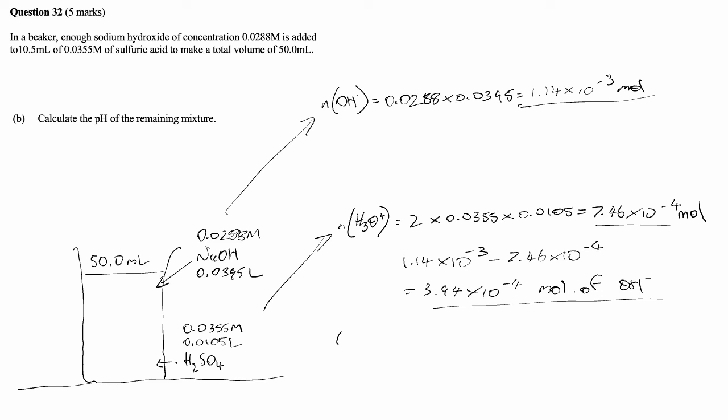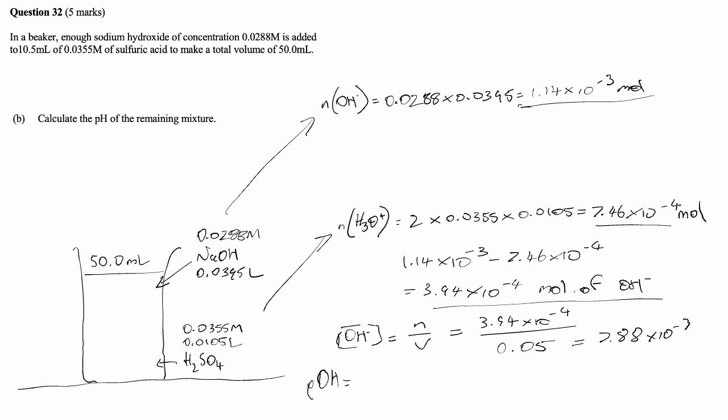So concentration of OH is going to be equal to N over V, which is going to be equal to 3.94 times 10 to the negative 4. That was the number of moles of OH. And we had 50 mils in total here, so that's 0.05. Divided by 0.05 equals 7.88 times 10 to the negative 3. pOH is equal to negative log of that, 2.1.